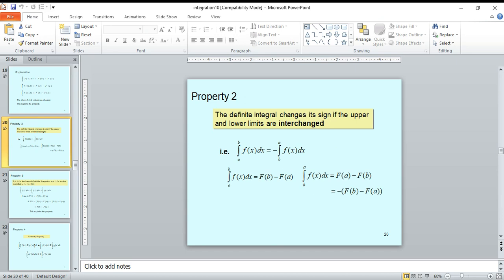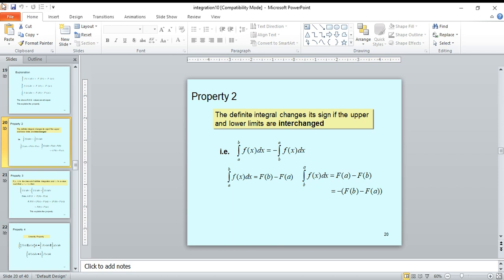Property 2. The definite integral changes its sign if the upper and lower limits are interchanged. That is, integration from a to b of f of x dx equals minus integration from b to a of f of x dx.